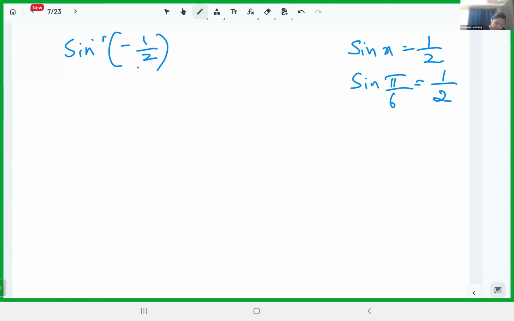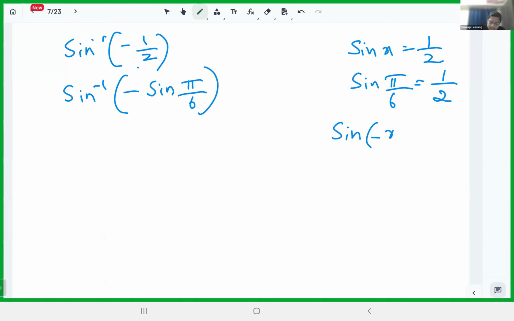So this 1 by 2 can be replaced, and we get sine inverse of minus sine pi by 6. Here we don't have to use the reduction formula because sine satisfies the property sine of minus x is equal to minus sine x. Vice versa also.